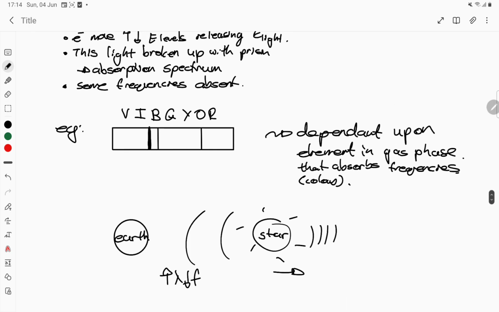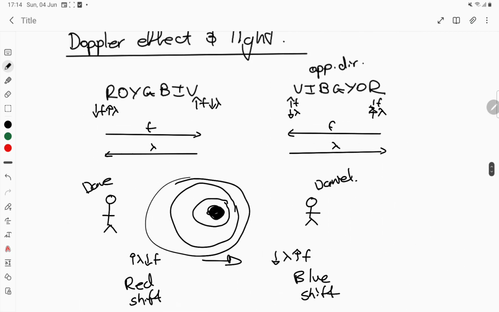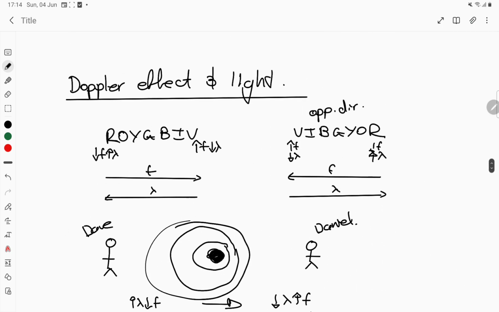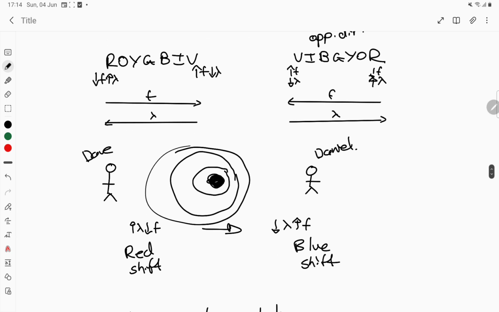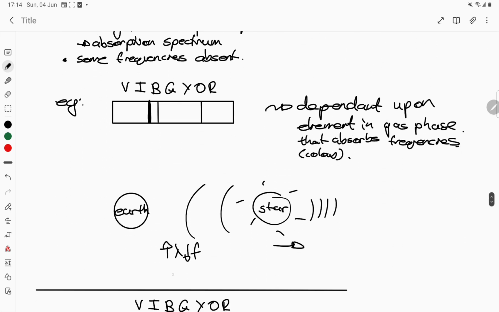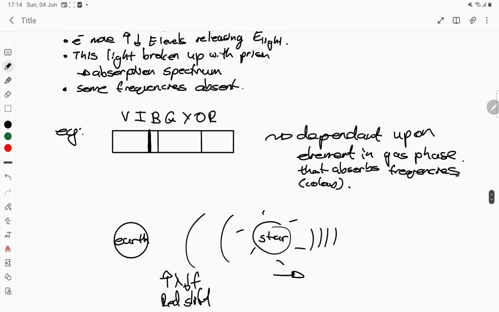Is it blue or red shift? We have a high wavelength, low frequency. Let's take a look. Higher wavelength, lower frequency, red shift, right? Red shift. And moving toward us, that side obviously is a blue shift. We have a smaller wavelength and a higher frequency, which will be the blue shift.